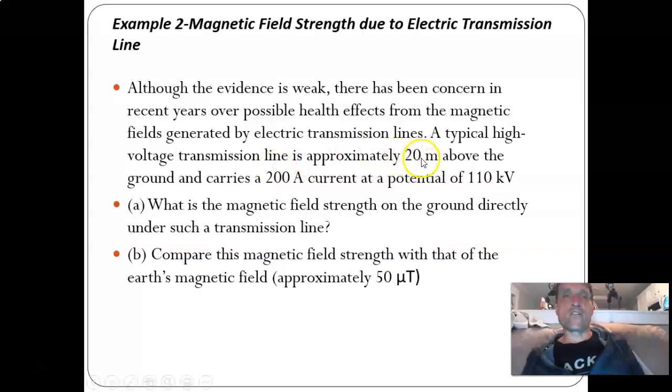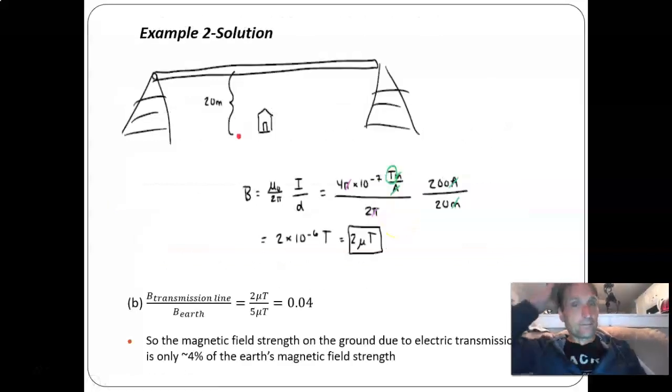They carry on average around 200 amps of current, a lot of current, okay, at a potential of 110 kilovolts. We don't need that. We need the current, and we need the distance. So let's calculate the magnetic field strength on the ground 20 meters below the transmission line.